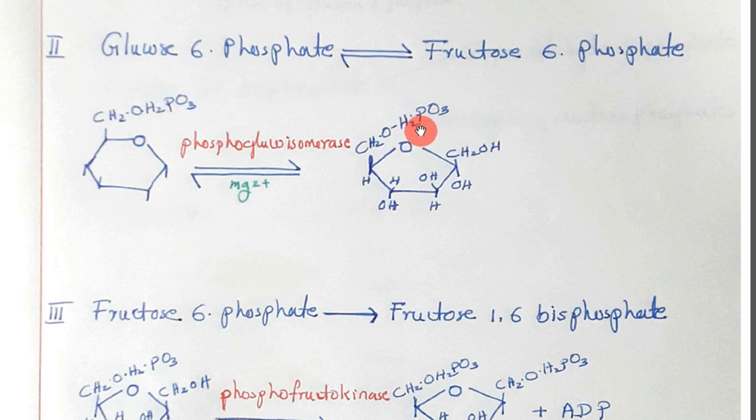So both are having a phosphate at the 6th carbon atom, and the enzyme catalyzing this reaction is phosphoglucose isomerase. The cofactor for this enzyme is Mg2+. As the arrows indicate, it is a reversible reaction. It is just an isomerization reaction.